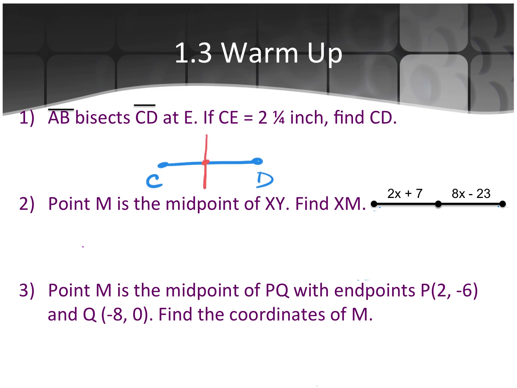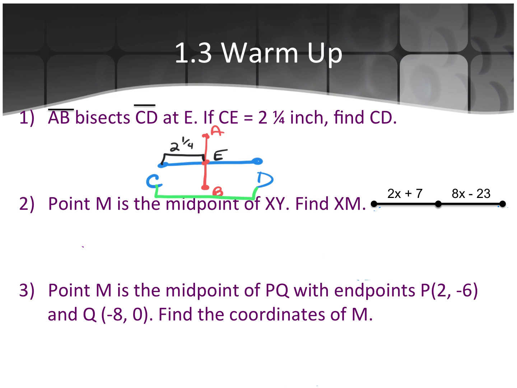And it's a segment. And it says it's bisecting it at point E. It's giving me the length of CE here, and it tells me that it's 2 1/4 of an inch. It wants me to find the length of the entire segment CD.